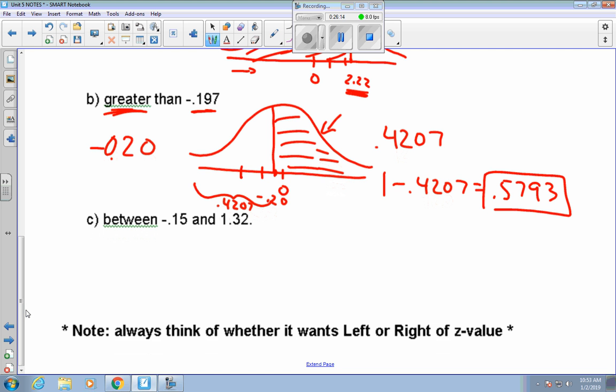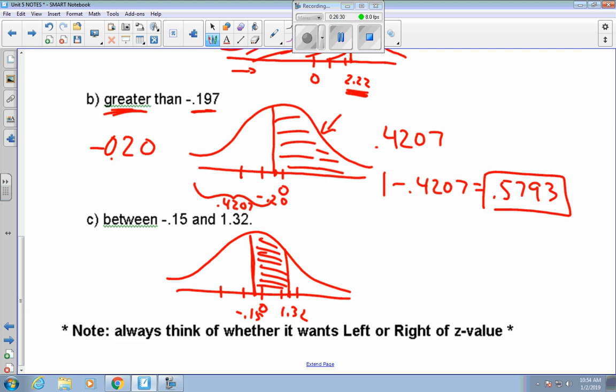And this is the last scenario. Here's my 0. 1, 2, 1, 2. So I have negative 0.15 and 1.32. So I'm talking about this shaded portion, the area between those two z-scores. So you have to find two cumulative areas. You have to find the cumulative area up to negative 0.15, and the cumulative area up to 1.32.